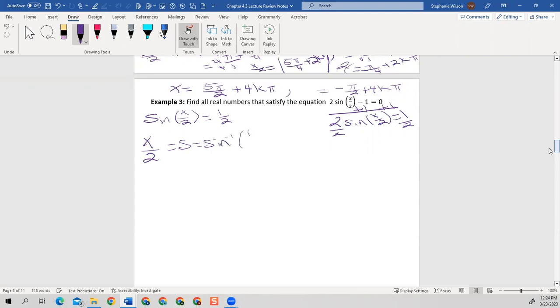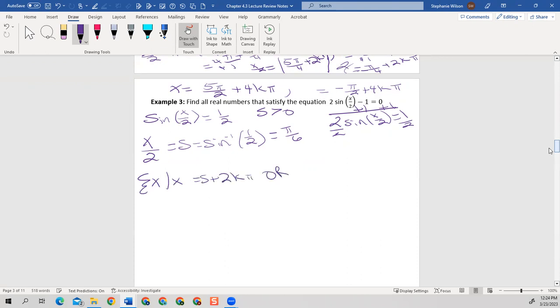Right? We want to know what that is. So we have to take the inverse. Now, sine inverse of a half, if you plug it in, we get pi sixths. So s is greater than 0. So we are going to use that set that builds on x, where x is equal to s plus 2k pi.